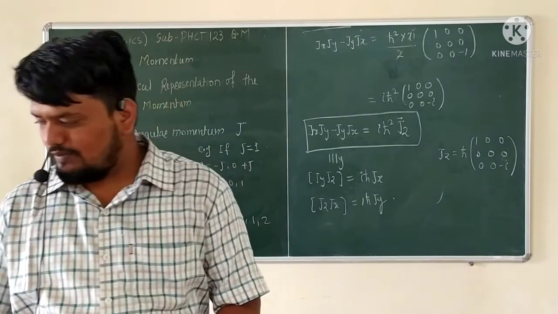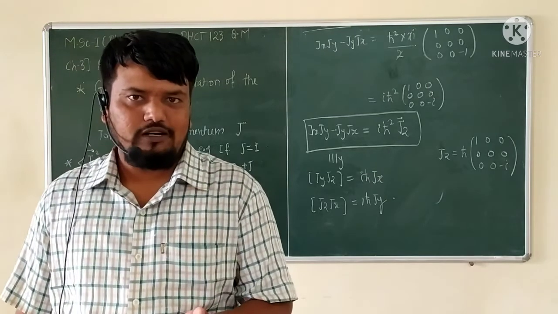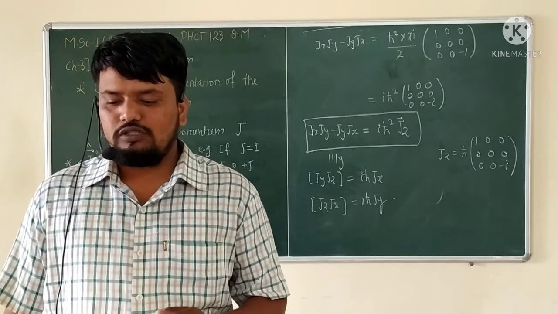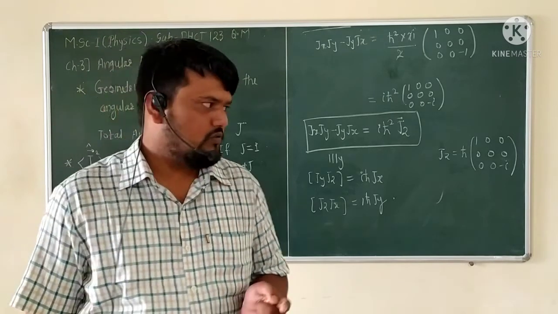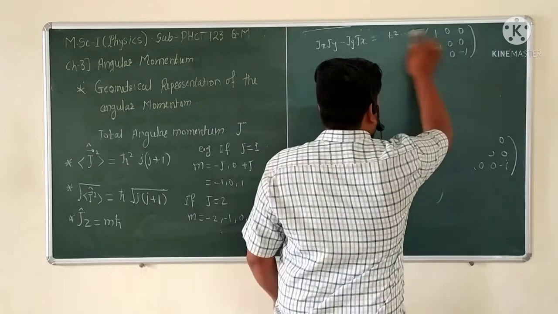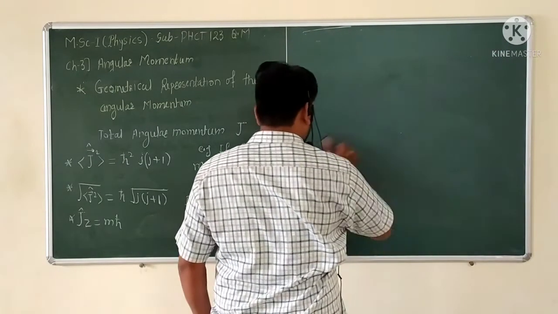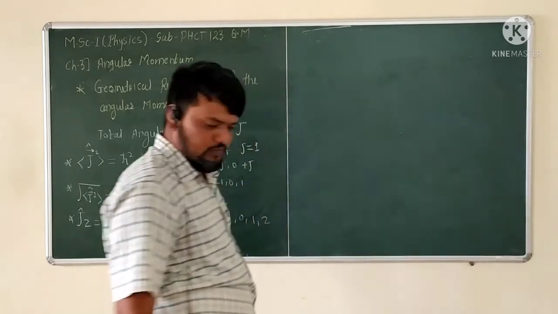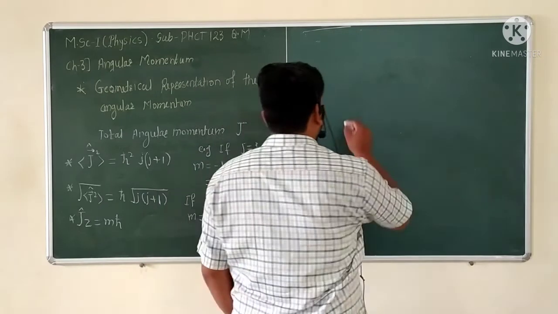In this geometrical representation, the vector J bar rotates along the surface of a cone about its axis. How is it shown?